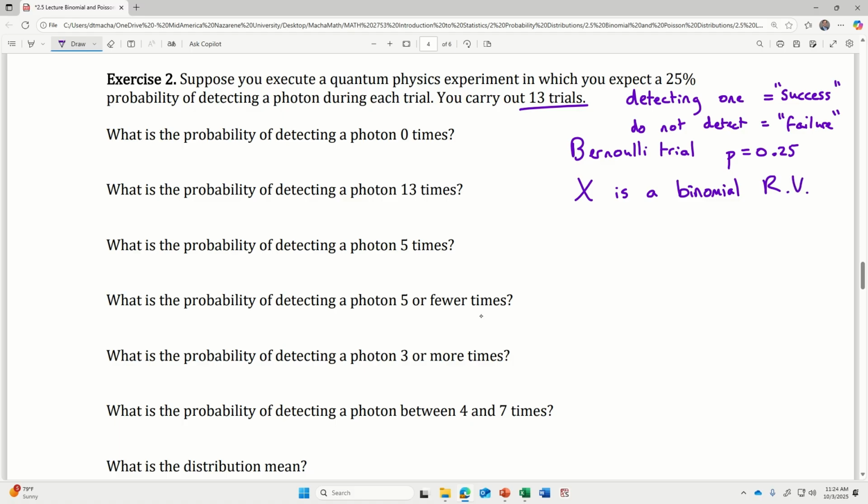If this is a binomial random variable, then the probability that I get exactly 0 is what happens when I apply the binomial probability mass function, where n is equal to 13, k is equal to 0, and p is equal to 0.25.